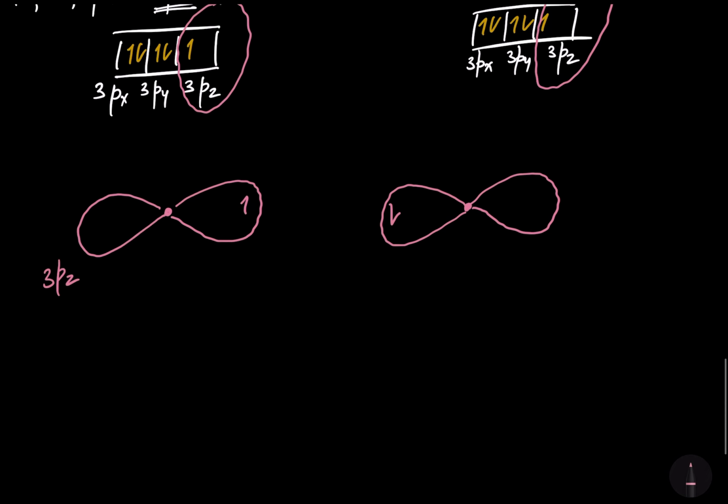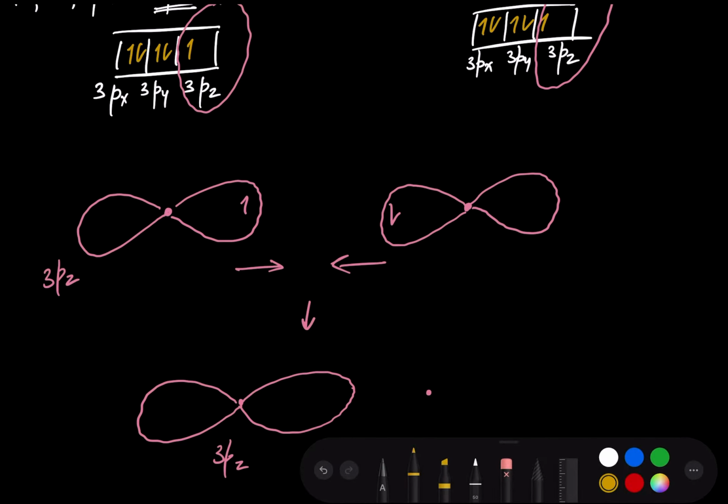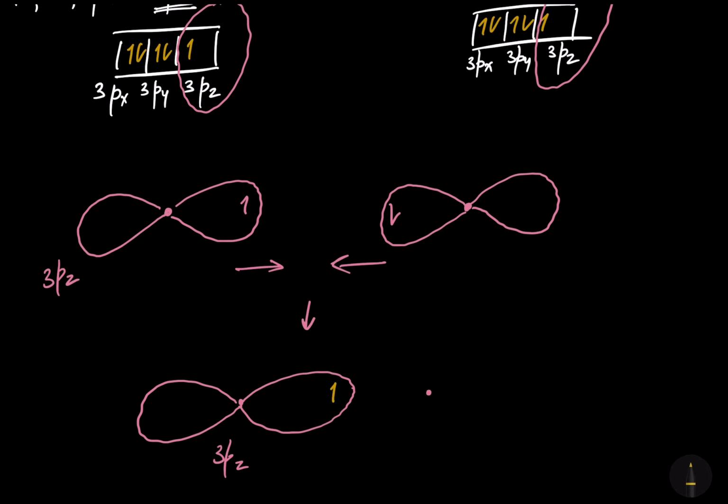Now both the orbitals will move closer to each other for overlapping. This is the nucleus. This is the first dumbbell, the 3pz, and this is the second dumbbell, but before that this is the electron of 3pz of the first chlorine. Now the overlapping will take place between the 3pz and the 3pz.